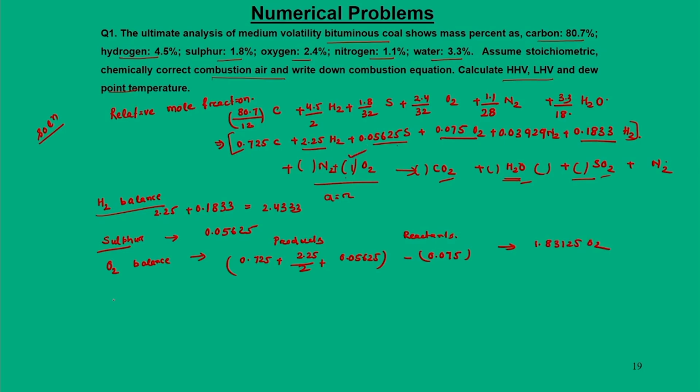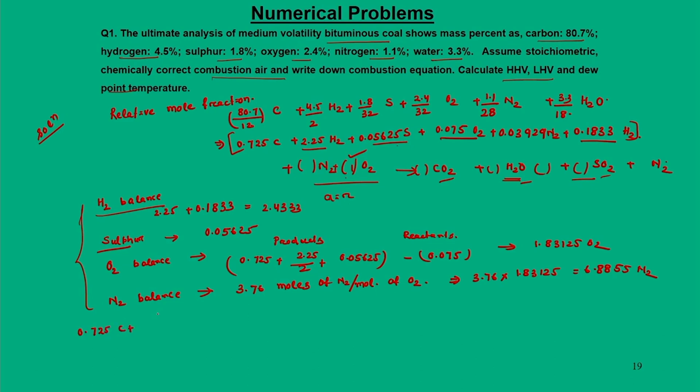Then we do the N2 balance. If you look at air, it gives 3.76 moles of N2 per mole of O2. So, this means 3.76 into 1.83125, which is 6.8855 N2.